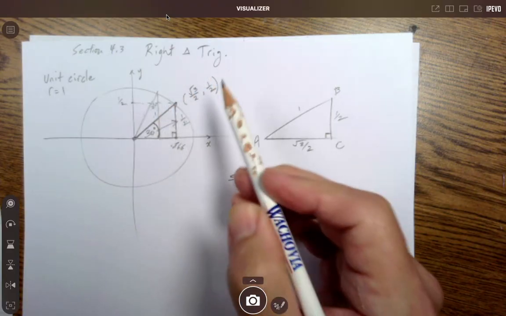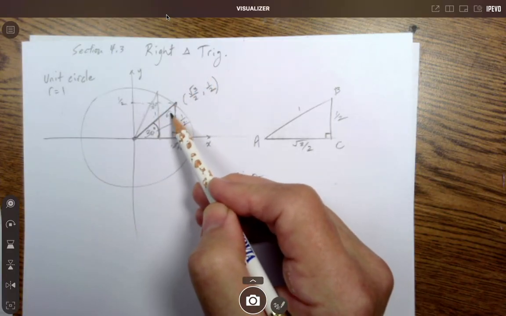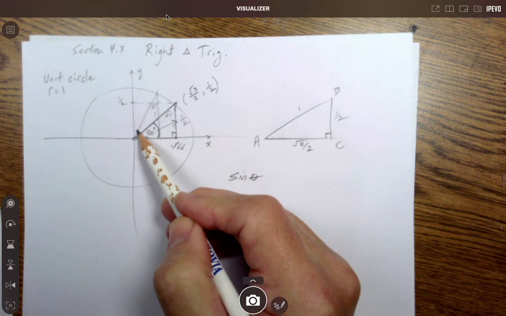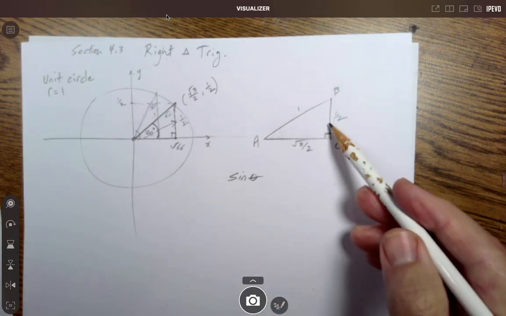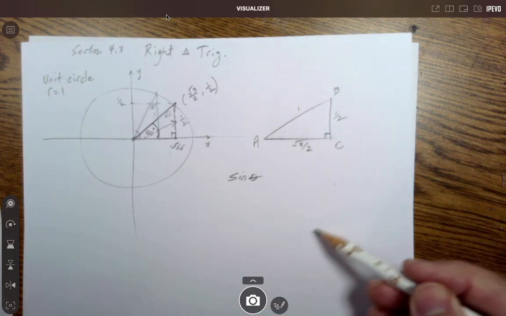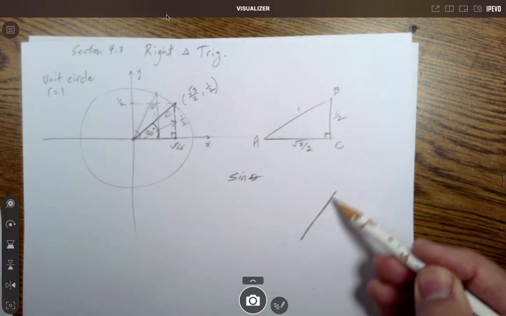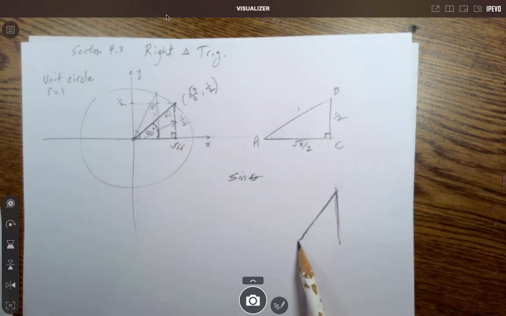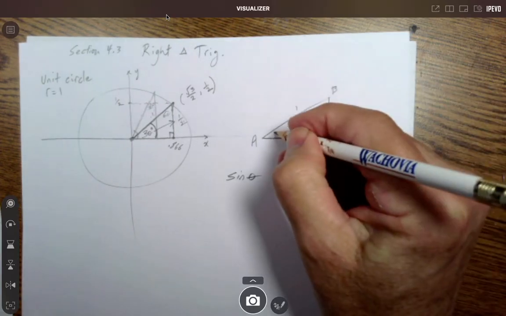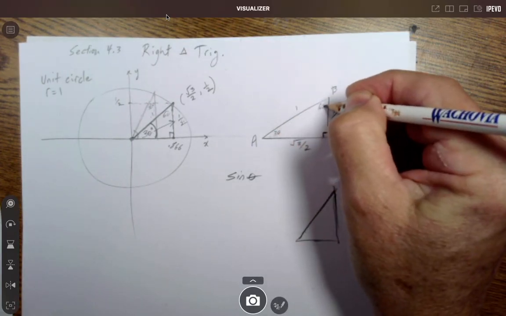And this angle right here, which is 60 degrees, could be here, and it would have the same sides. So if I were to reorient the same triangle, let's say like this, where this angle is 30 degrees and this angle is 60 degrees.